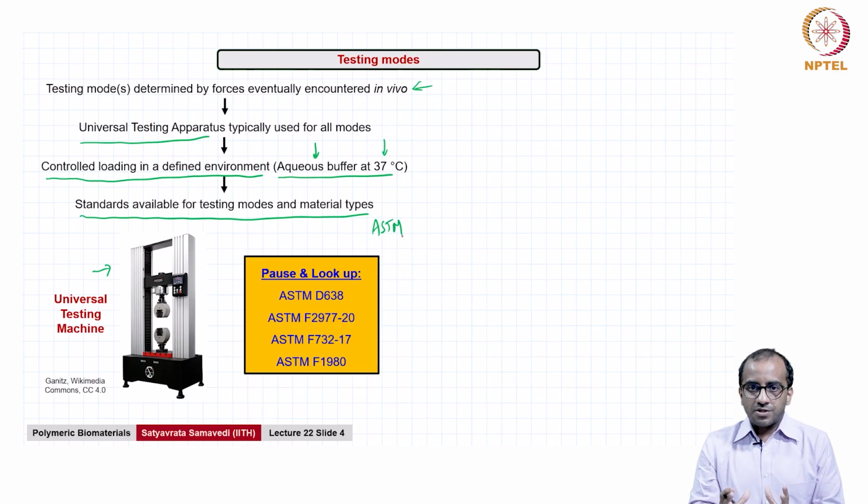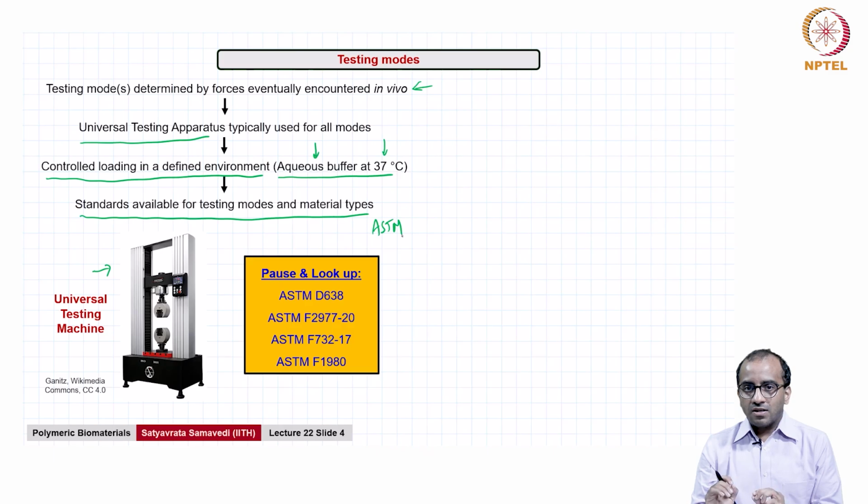They put out standards, and there are agencies, like the FDA, that can say, look, if you have made a material or a device and you have tested it according to ASTM standards, then there is already some standardization that is accounted for, as opposed to saying I have made a material or device and I have tested it based on parameters or modes that I have chosen that are not based on any standardized setup or framework. As opposed to that, if you say, look, my device or material has been tested in accordance with ASTM standards, then the FDA will take that perhaps more seriously.